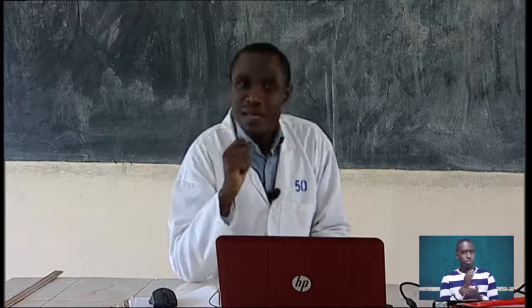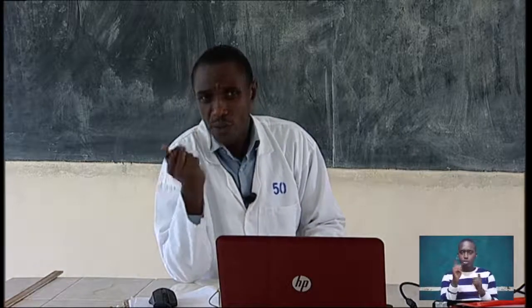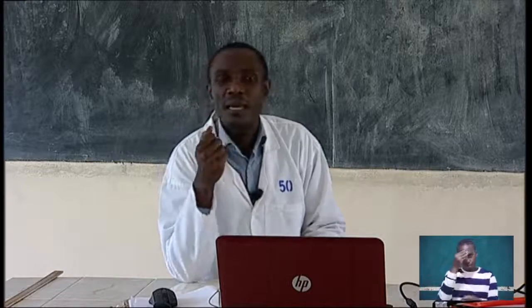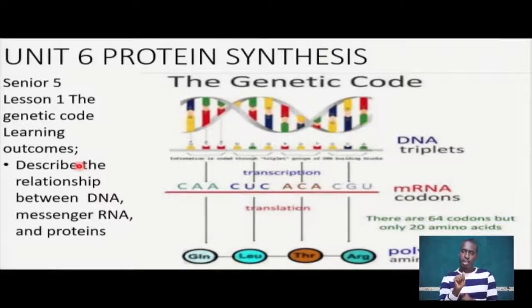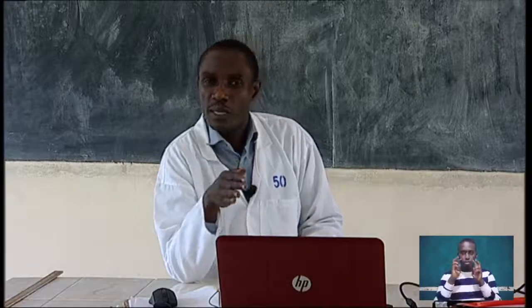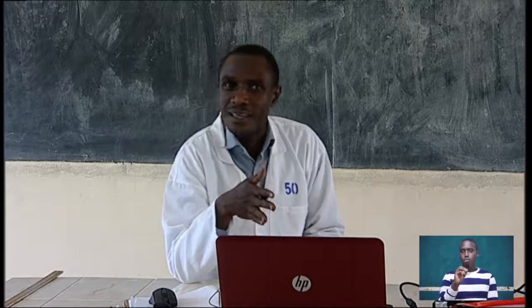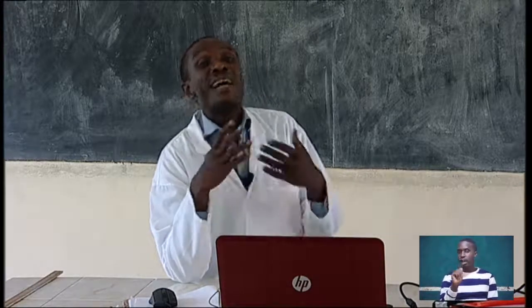So let's get back to a few small things before we move on. We talked about the DNA, we talked about the different forms of RNA in the previous lessons, in which we were looking at the chromosome, then the components, then the DNA, RNA, the differences between the two, and other forms of RNA.